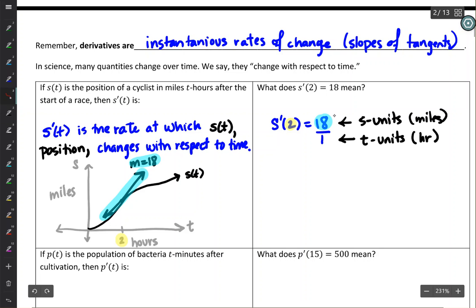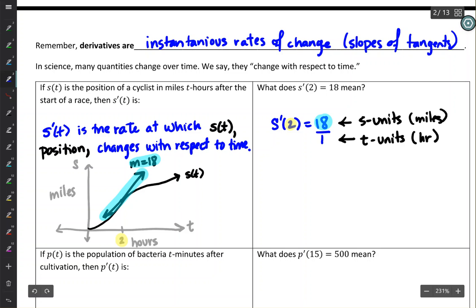So when I say S prime of 2 is 18, I'm saying 2 hours after the start of the race, the cyclist is traveling 18 miles per hour. At that instant, if you took a picture of him 2 hours into the race, what's his velocity? It's 18 miles per hour, his speed with a direction.